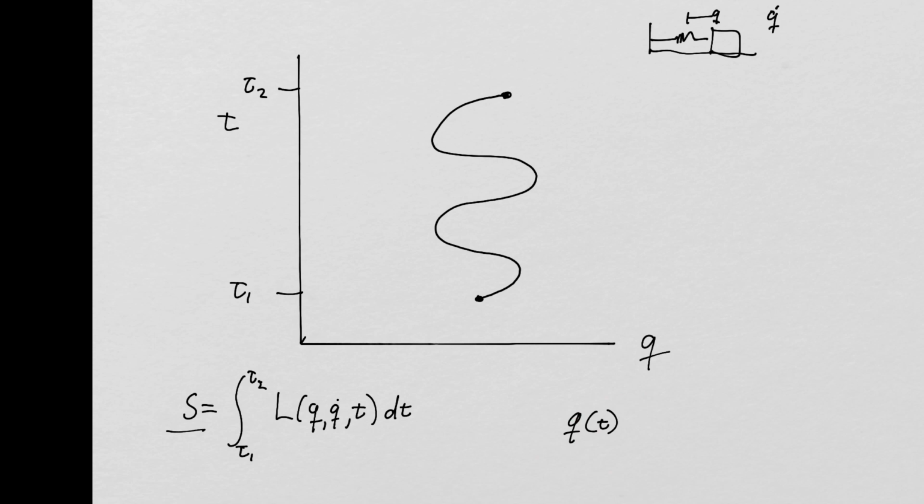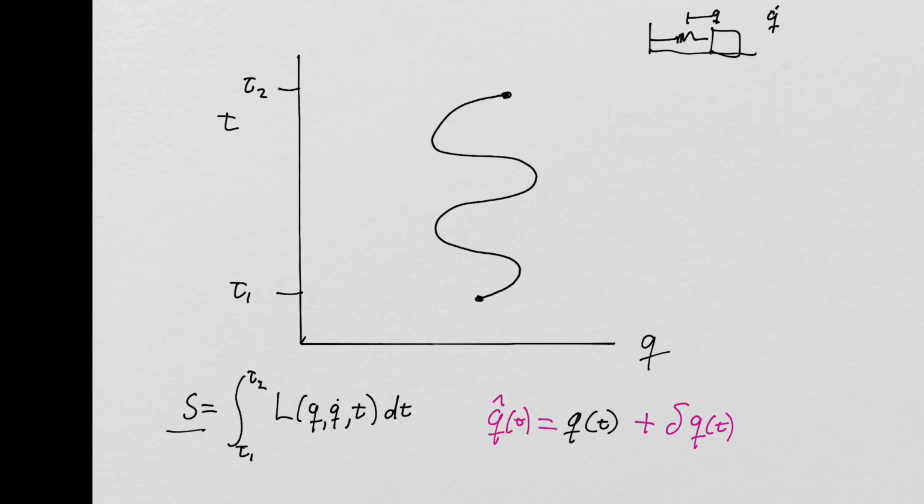So the idea is if this is a minimum, then any difference in path from Q is going to increase the value of S. So what we say is that if I added a little bit of coordinate value at every time to this true path, right, I would get a new path, which I would call Q hat of time.